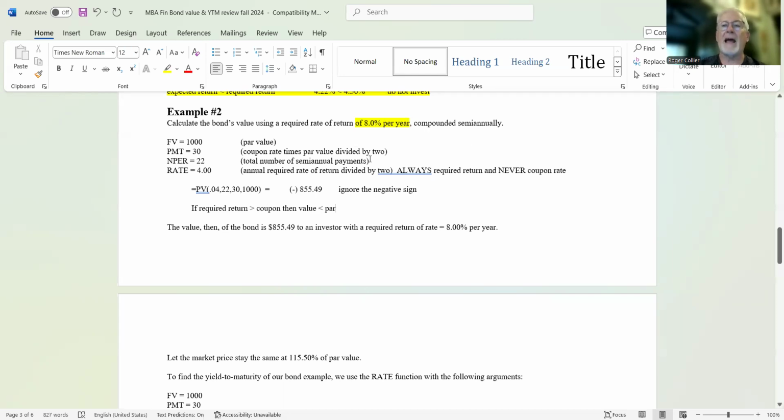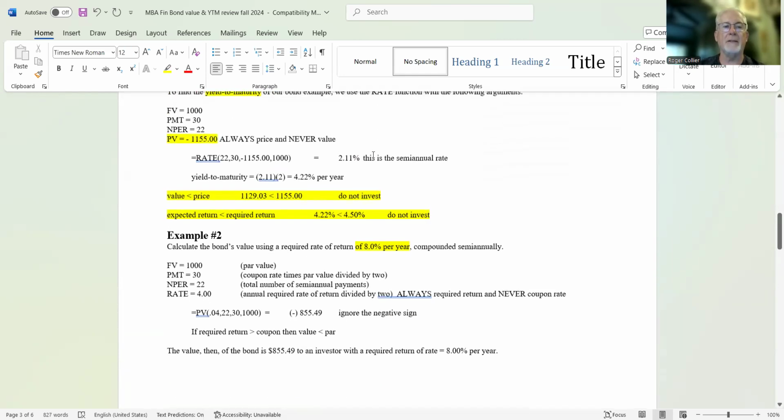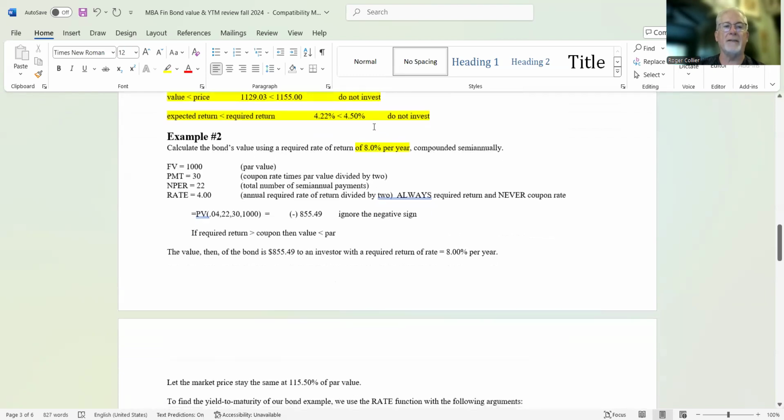Think about it. How much is this bond paying us? Well, it's paying us 6%. That's the coupon rate, right? But how much do we require? Well, we require more than that, 8%. So this bond is not paying us as much as we require. That makes it less valuable and pushes the value, I almost said price, pushes the value below par.